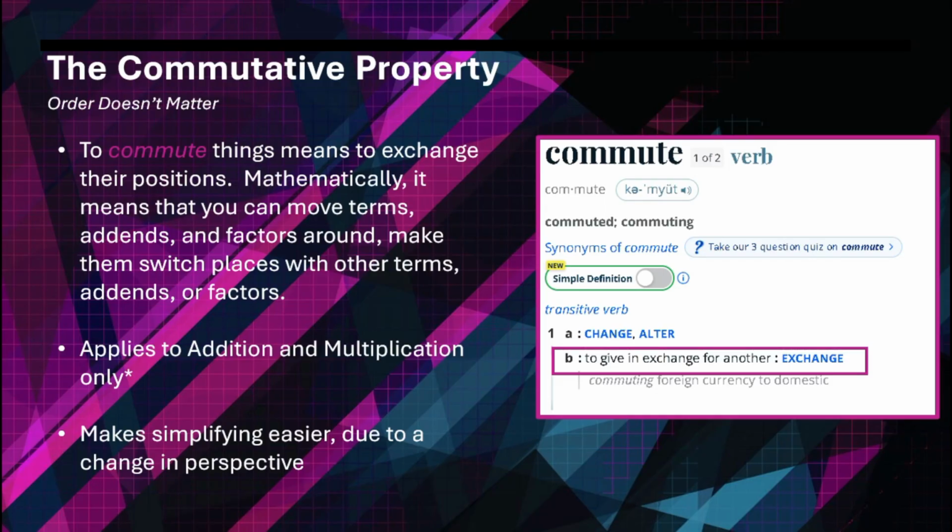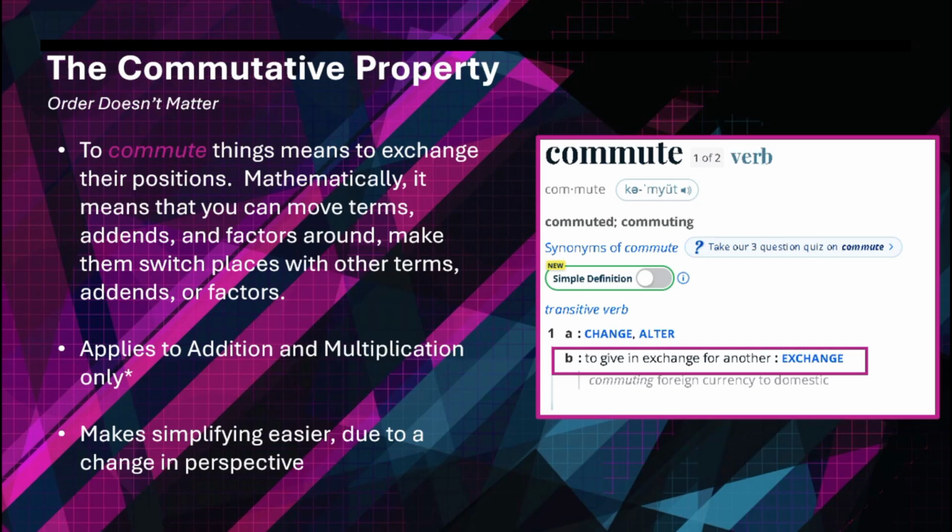Let's start with a definition of commutative. This comes from the Merriam-Webster Online Dictionary. And so to commute things means to exchange their positions. So if you think of maybe one of the most common uses of the word commute, that usually corresponds to our ideas about going to and from the workplace, right?